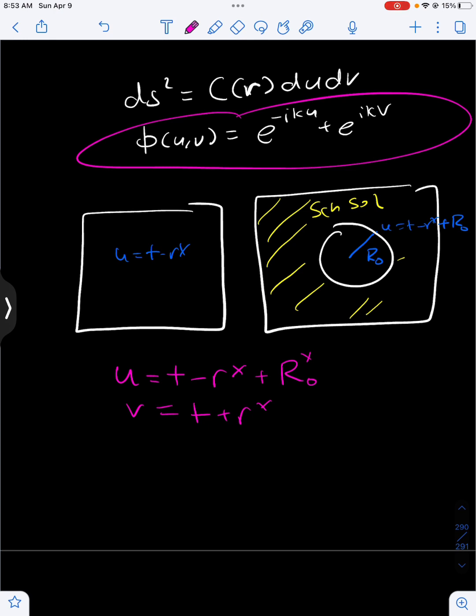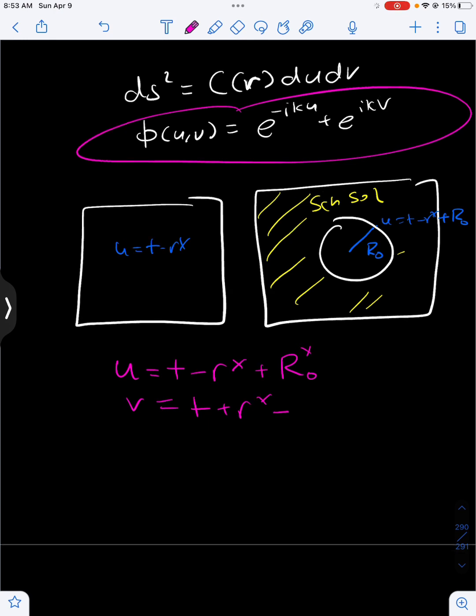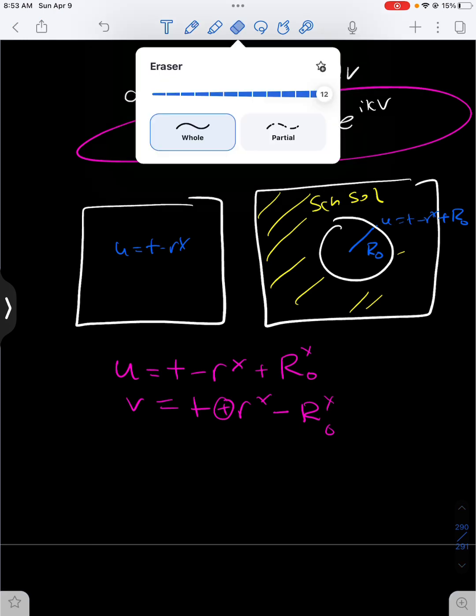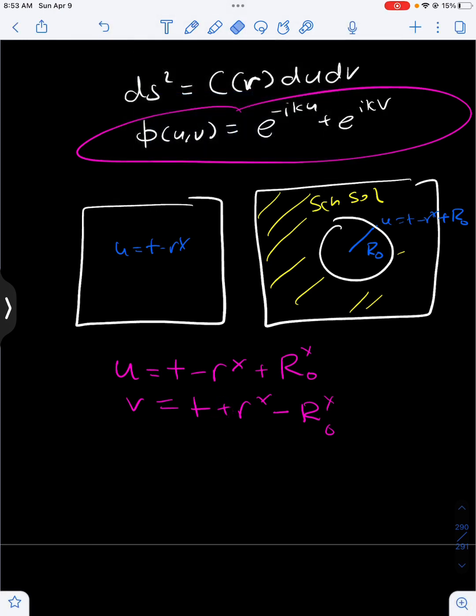And then for v, it's going to be minus r conjugate naught because here we had a plus. So here it has to be a minus r conjugate naught. And so these are the tortoise light cone coordinates that are valid outside of the sphere.